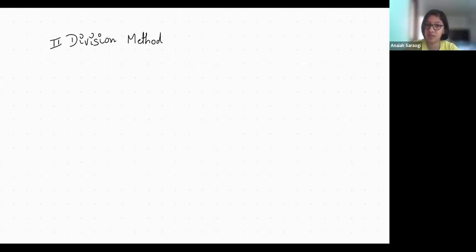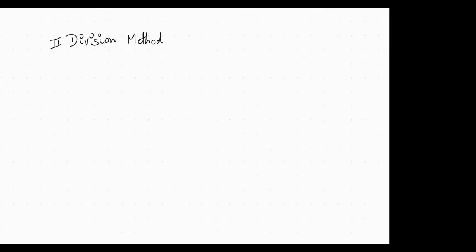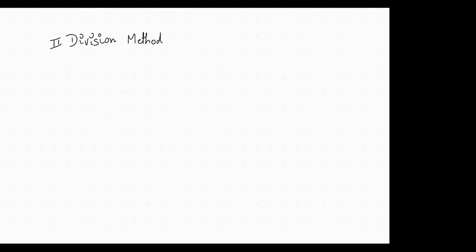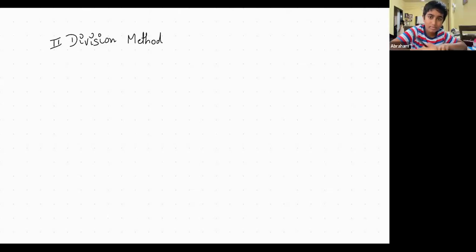So if we have seven digits, then we will take the three pairs and take one number from each, and then the seventh digit that is alone, we will take that number, and then we will multiply the three numbers from the pairs by that single number. Is that right, ma'am? Yes, Anaya, very good. Okay, Abraham, first you take one out of each pair, and then that single number which is left, you take that also and multiply. Okay. Thank you, ma'am.